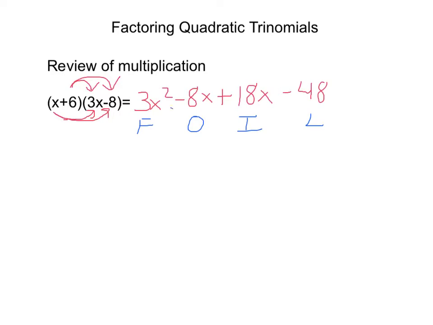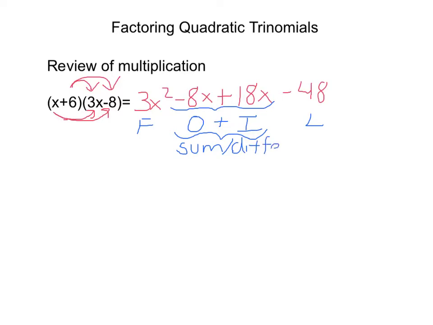Now if you notice, the middle two terms are like terms, and we always want to combine like terms, and we do that by adding. So even if one term's positive and one term's negative, we'll just consider it as adding a positive and negative. So our outer and inner are essentially a sum, but if the signs are opposite in the outer and inner products, then the two terms are a difference that ends up in the middle.